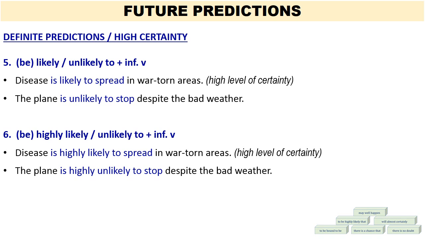Again, using the previous sentences as examples, disease is highly likely to spread in war-torn areas. Now, this raises the level of certainty about this prediction. And again, the plane is highly unlikely to stop despite the bad weather. A high level of certainty again.